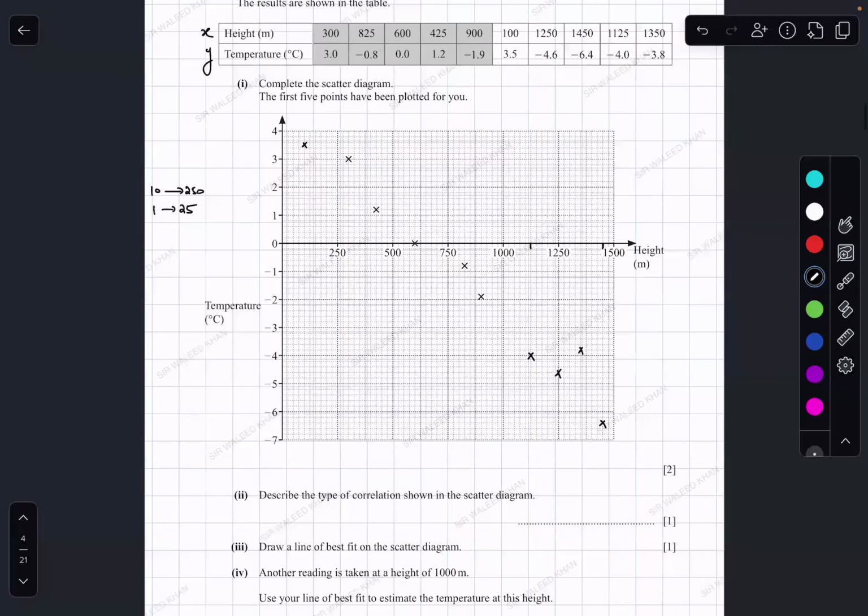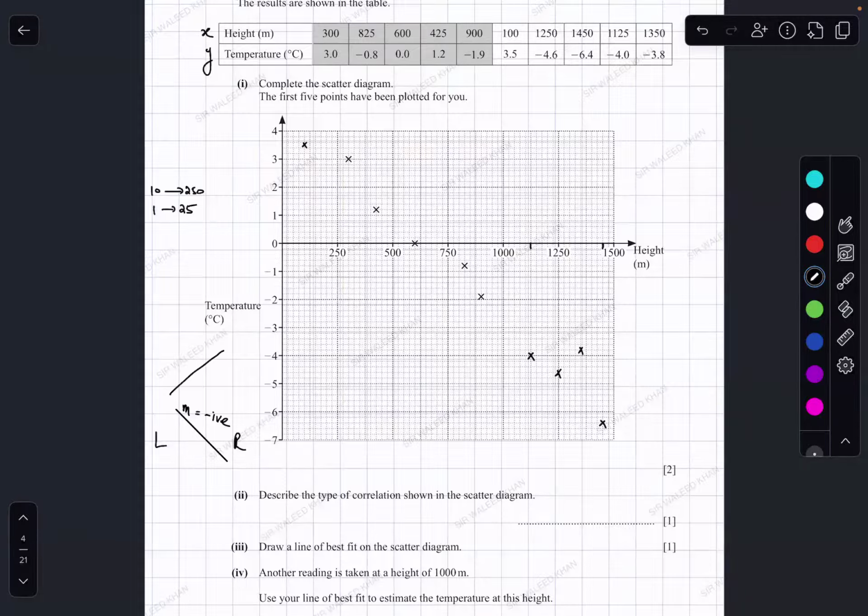Describe the type of correlation shown in the scatter plot. If you remember, I told you, whenever you are dealing with such kind of graphs, always think of the relation. Left to right, if the line is moving downwards, then the gradient is negative, so is the correlation.